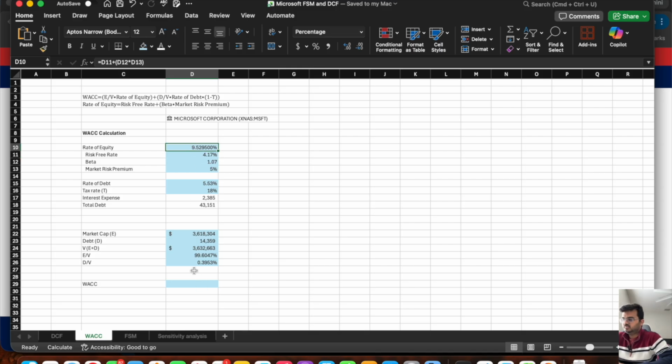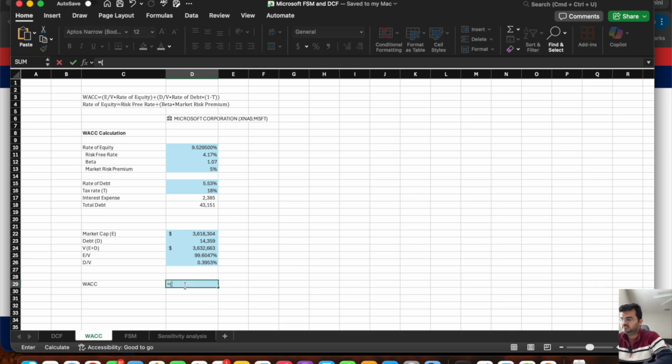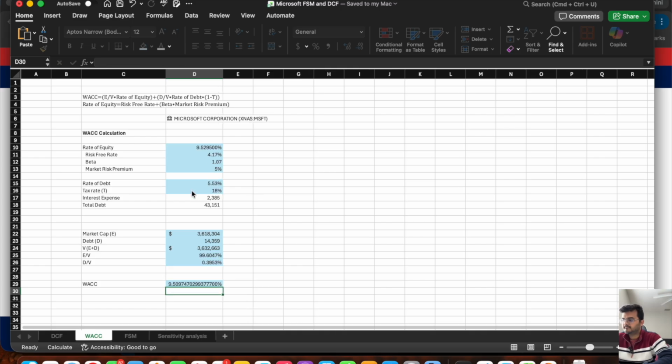With this, now we got all the information, we can calculate the WACC. The WACC formula is E by V, that is this guy, into rate of equity, which is this guy, plus D by V, this number, into rate of debt, which is this number, into 1 minus tax rate, which is this number.